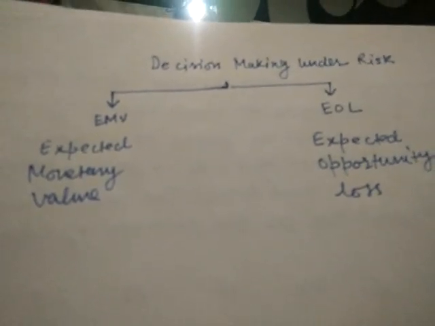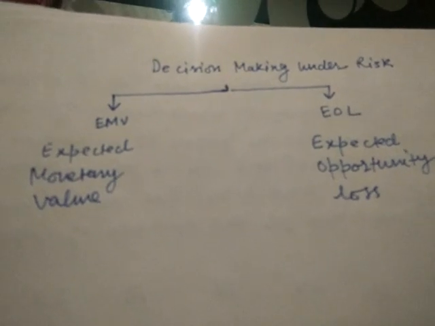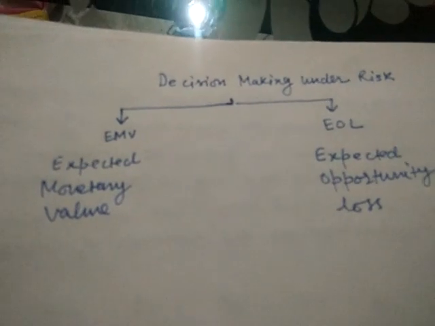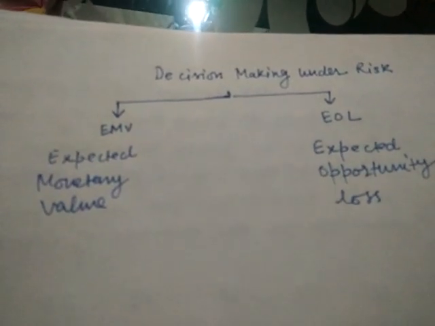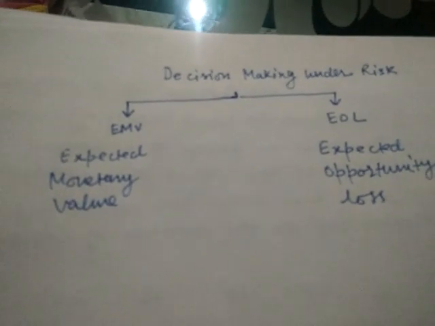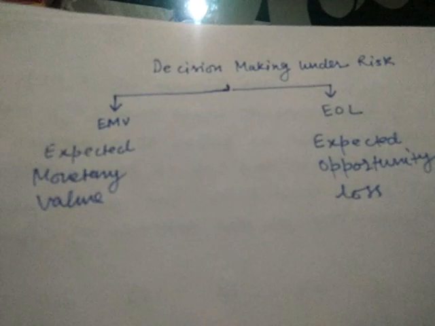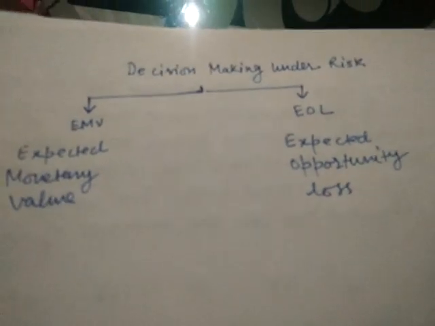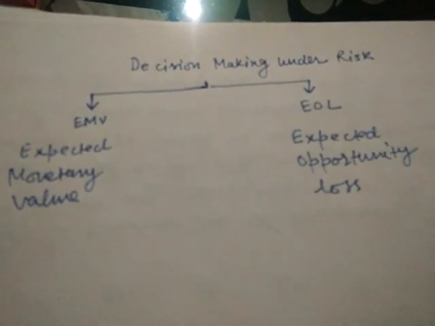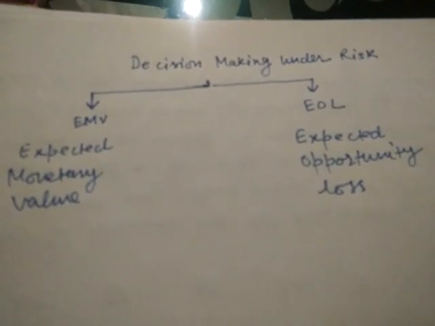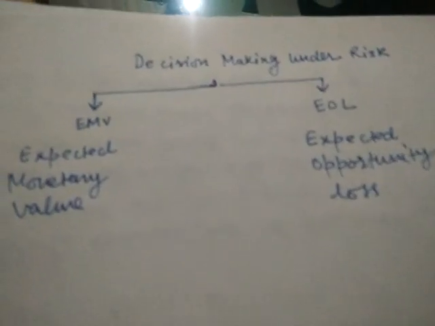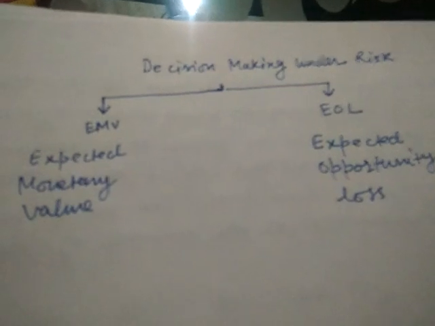In decision making under risk, the probability of occurrence of each state of nature is given. That is the difference: one more piece of additional information is available in the case of decision making under risk.